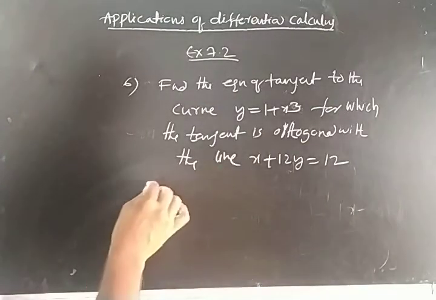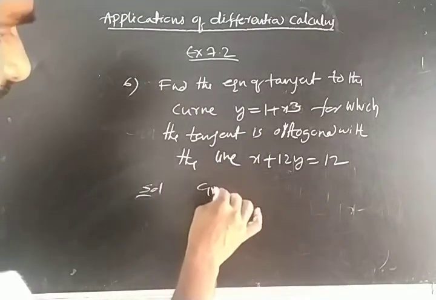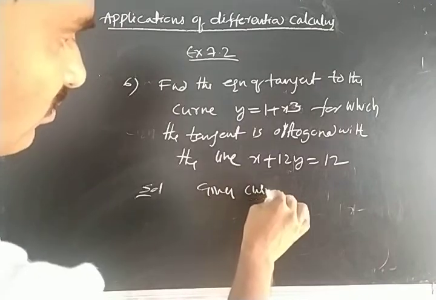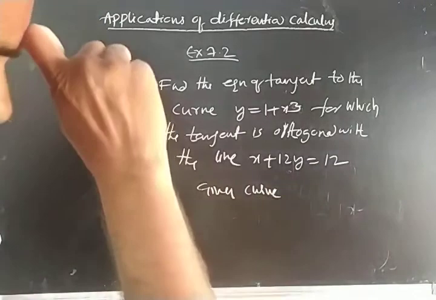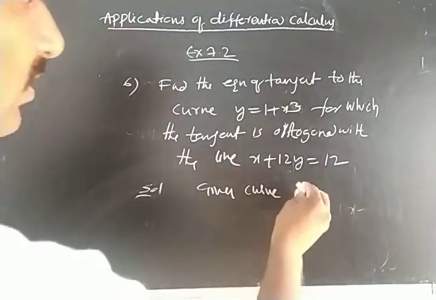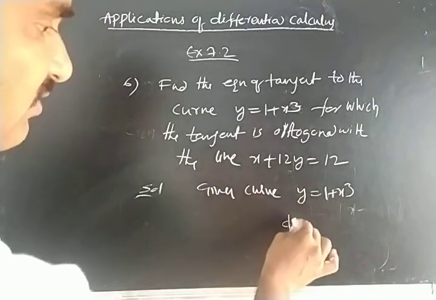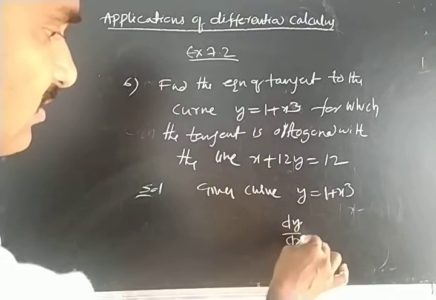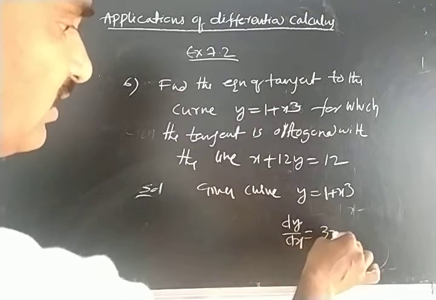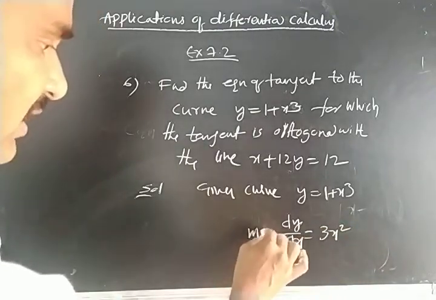Solution: given curve y equal to 1 plus x cube. Now differentiate with respect to x. dy by dx is 3x square, which is the slope of tangent.